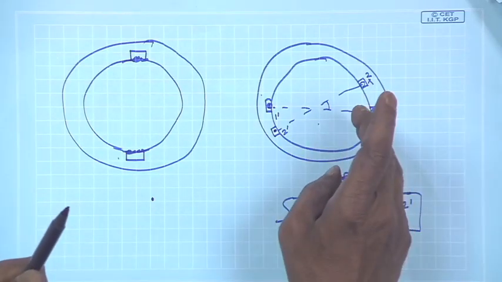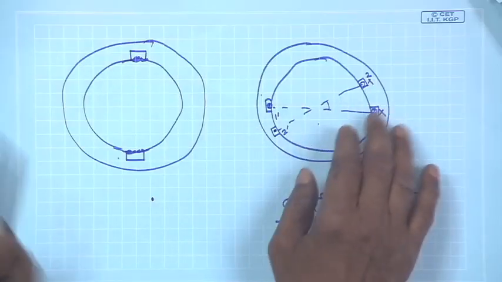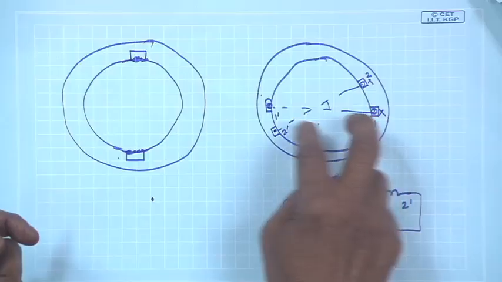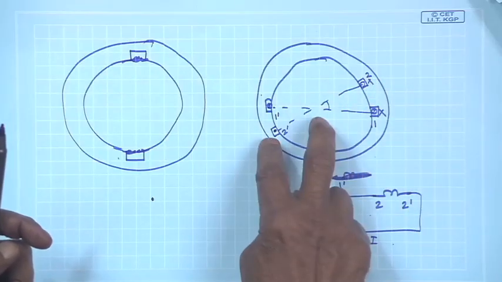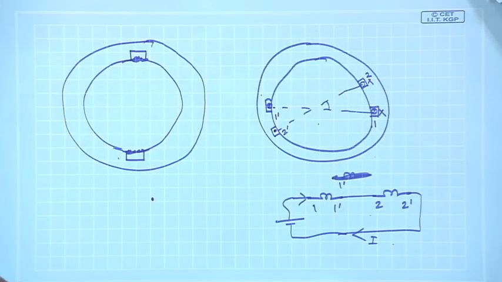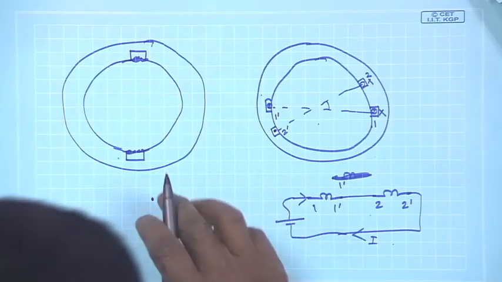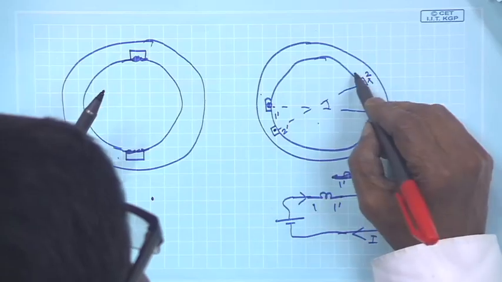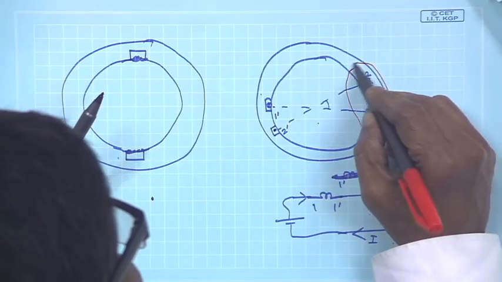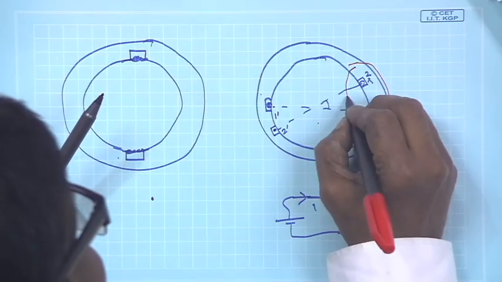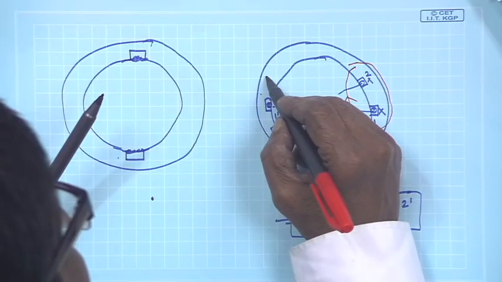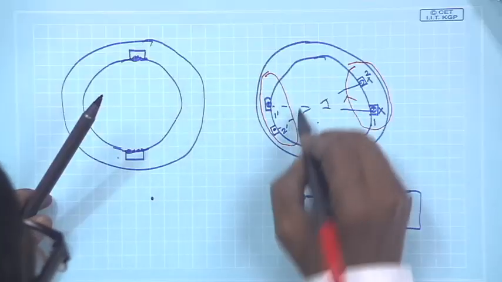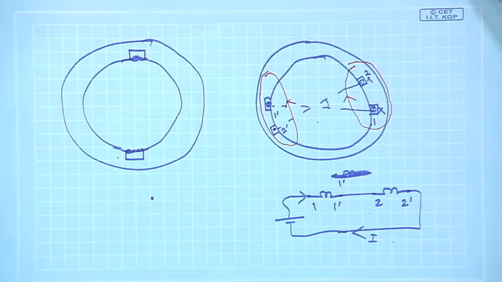Now, last time I gave you an exercise, what happens to this. But you see, this pair of coils carrying currents in this way also produces two poles. Why? Because these two crosses can be grouped together and will produce lines of force like this, and these two dots can be grouped together and will also produce lines of force like this.